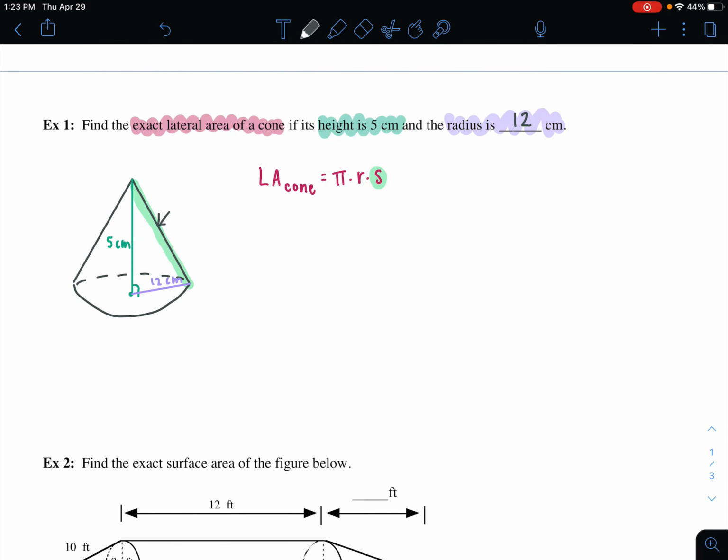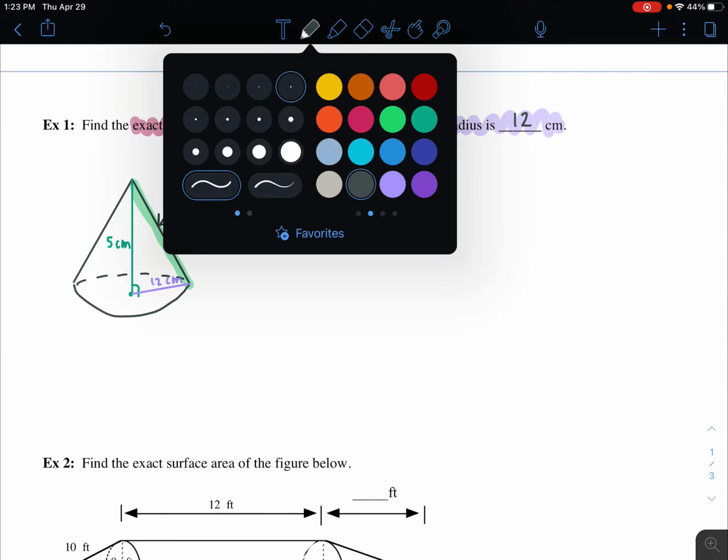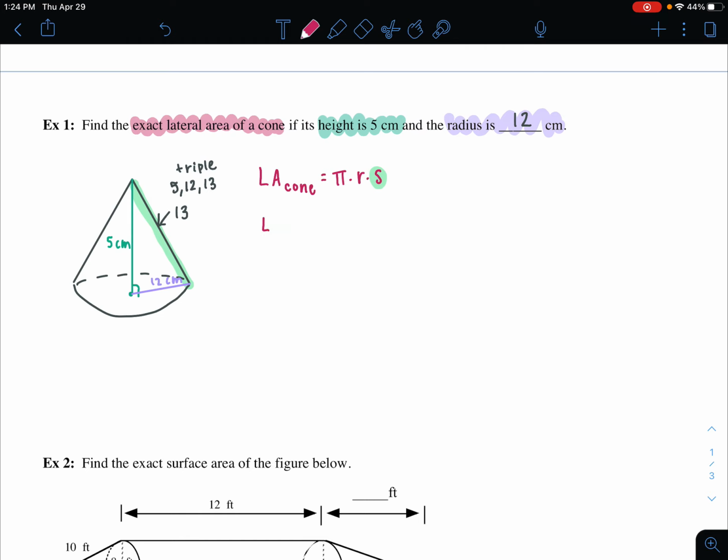Yeah, it's a triple. We have a 5, 12, 13 triple, meaning that my slant height here will be 13. So the lateral area of a cone is pi times my radius of 12 times 13.